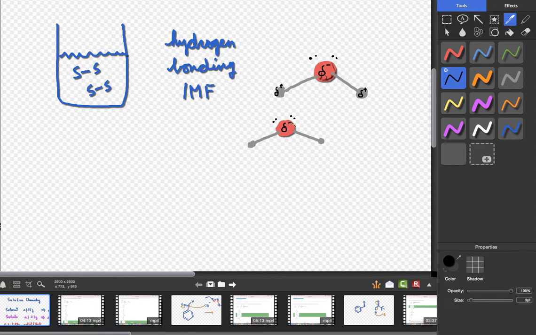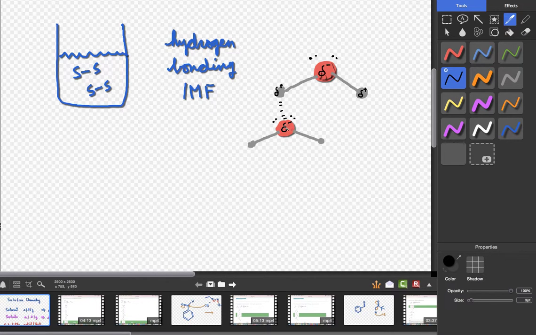And of course, it's partially negatively charged. So this electrostatic interaction between the partially positively charged hydrogen of one molecule and the partially negatively charged oxygen of yet another water molecule, you have a hydrogen bond.